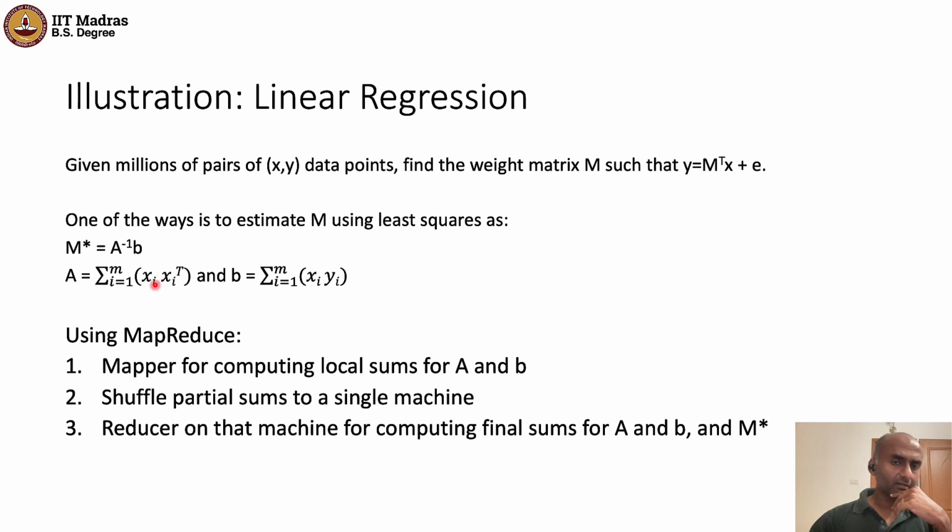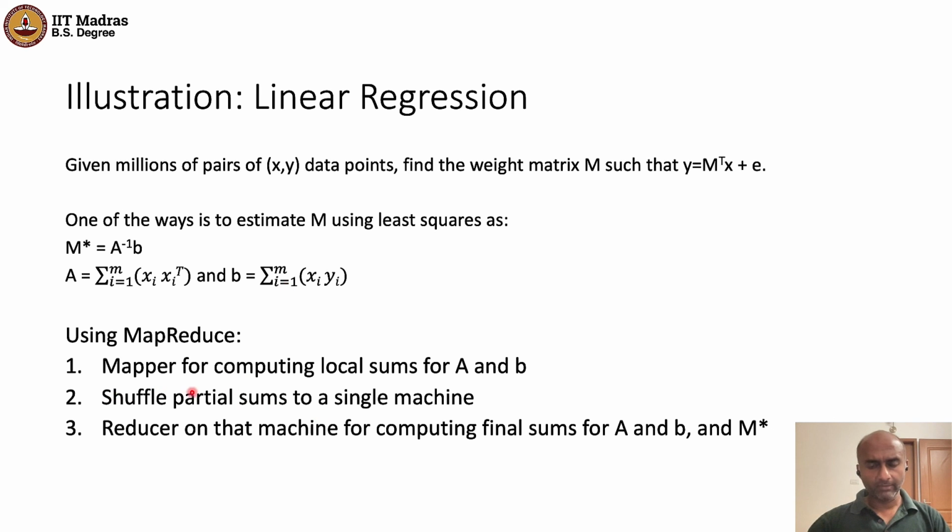So each map task calculates the partial sums of both A and B, and then you shuffle these partial sums to a single machine. At this point, the partial sums themselves are going to be very small in number, in terms of total byte size that they occupy.